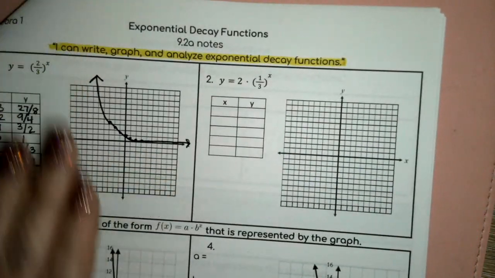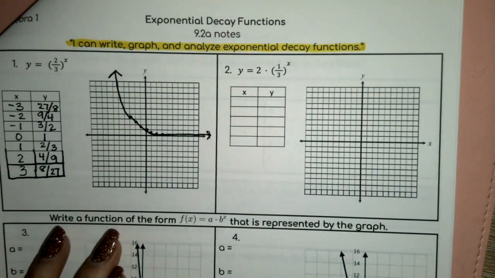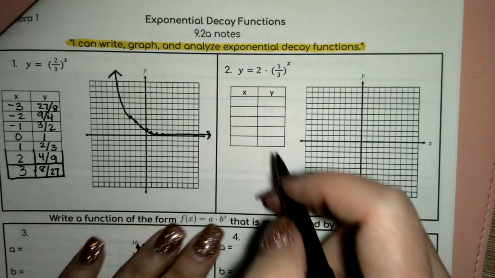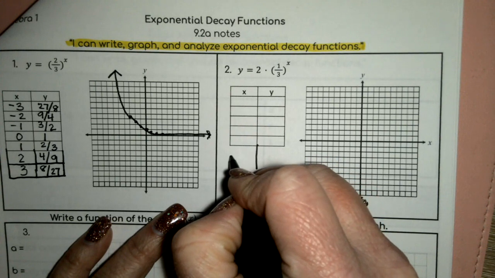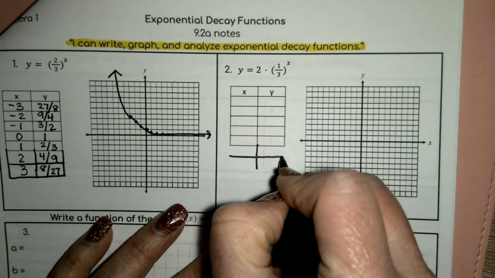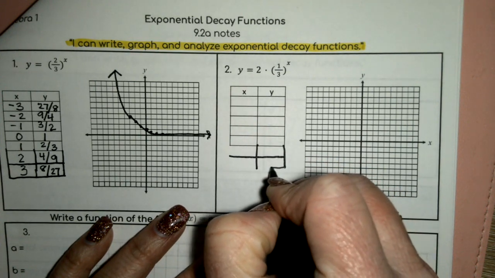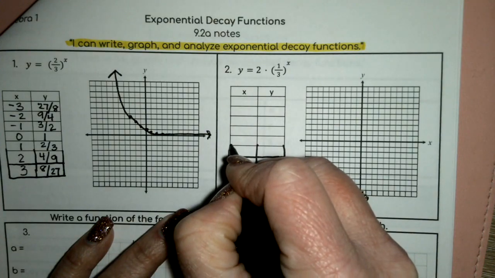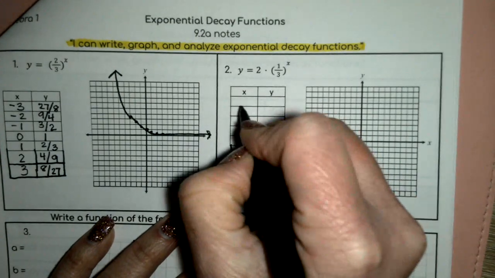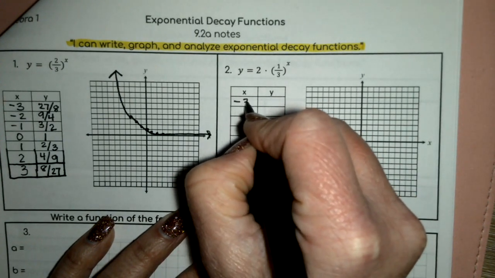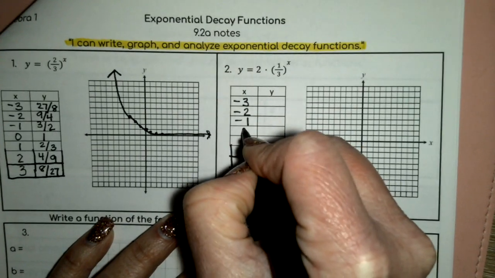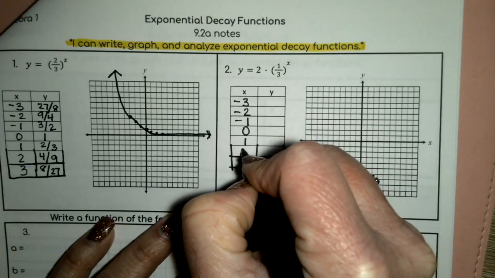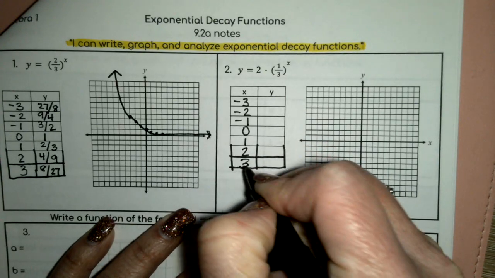So let's look at number 2. Go ahead and expand your table down 2 more. We're going to go from -3, -2, -1, 0, 1, 2, and 3.